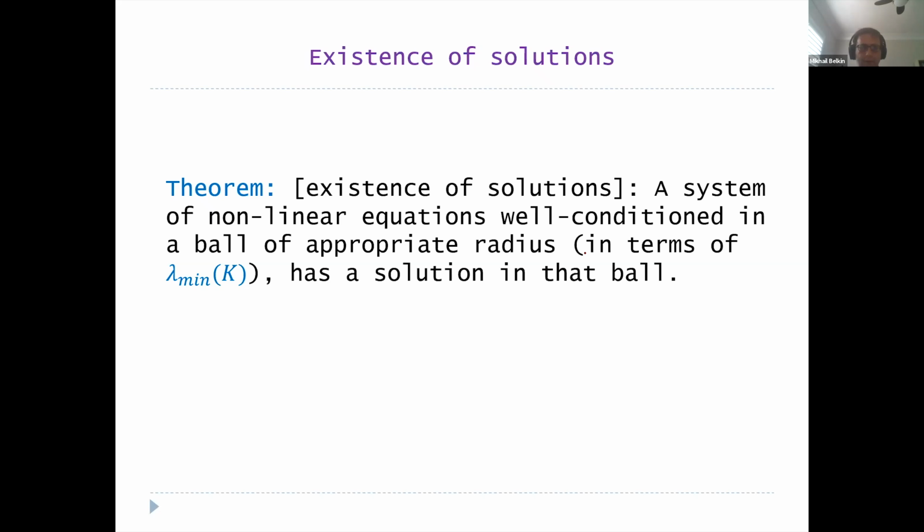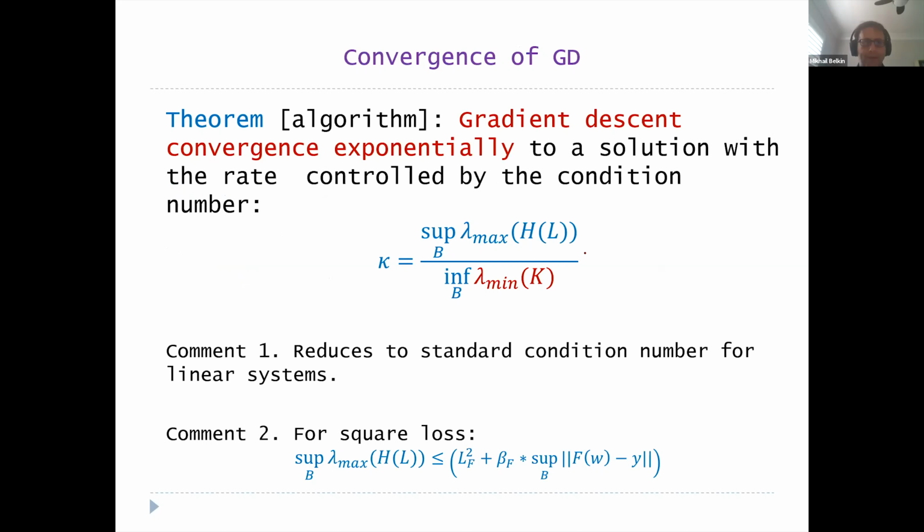This is even true if you think of linear equations, right? Because when the system is poorly conditioned, the norm of the solution is going to be large in general. Now a consequence of this, some extra thing on top of this, is that gradient descent converges exponentially to a solution at a rate controlled by the condition number, which is lambda max divided by lambda min.